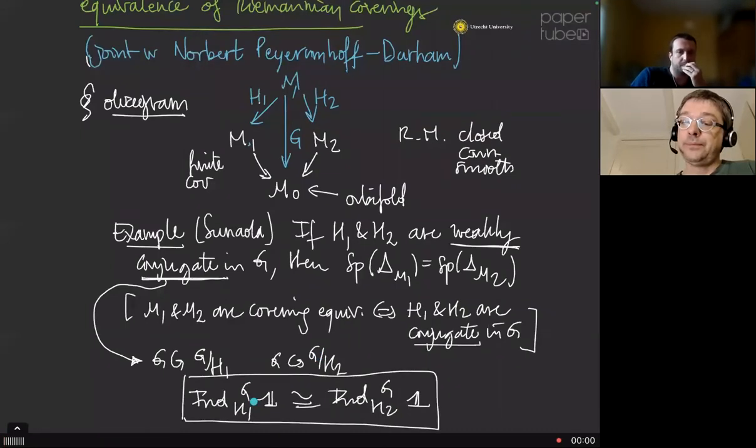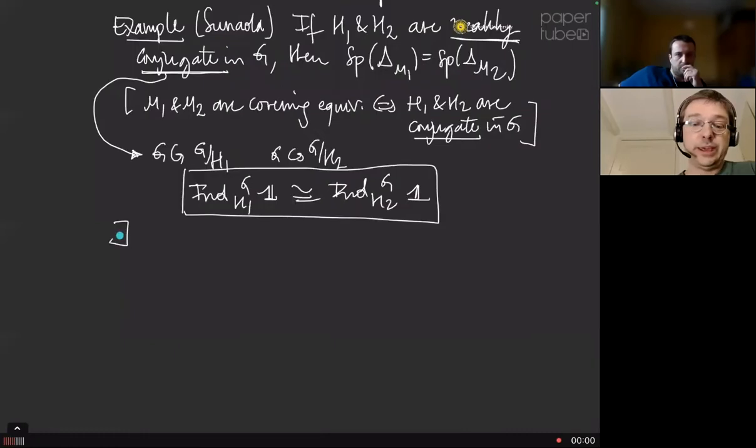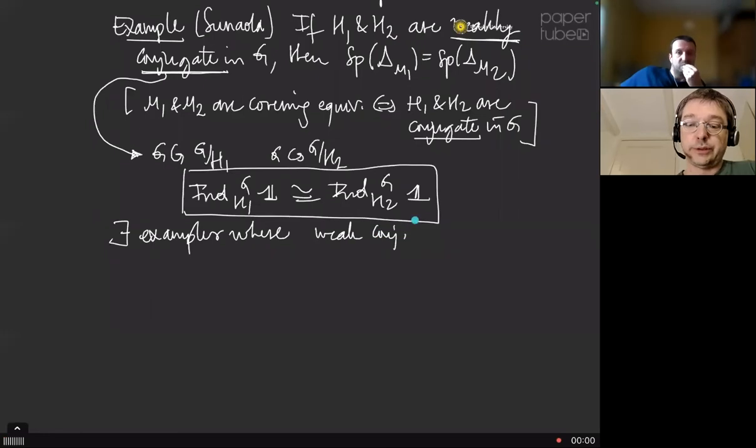The cute observation here, the most important thing, is that there are examples where you can have weak conjugacy but not conjugacy, so not covering equivalent, and actually even not isometric. Here's a good example. I think this is due to Komatsu.